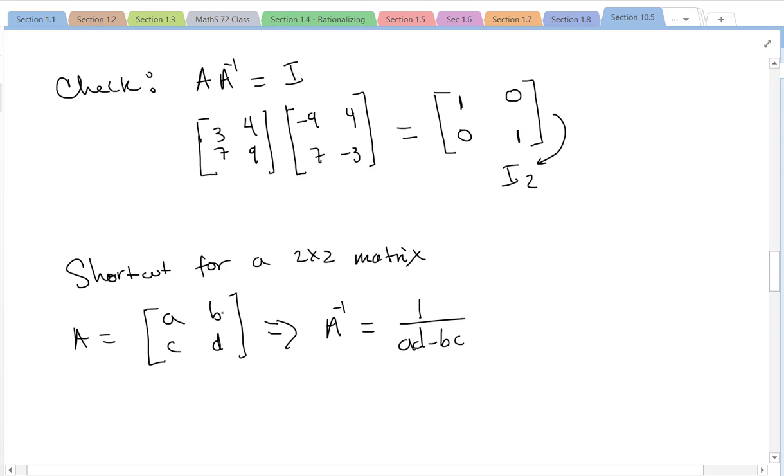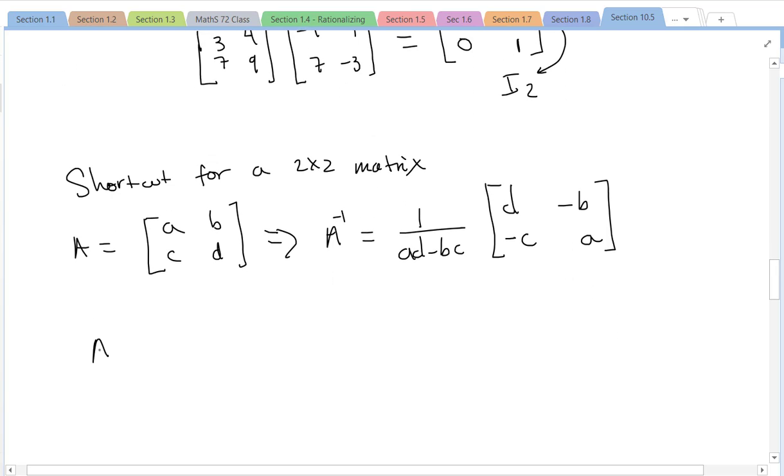So A times D minus B times C. So you multiply the diagonals, kind of like a cross, make an X, A times D minus B times C, times you switch places of the entries. So the A and the D switch places. So I'm going to have D and A over here. And B and C stay where they are, but they become opposites. So minus B and minus C.